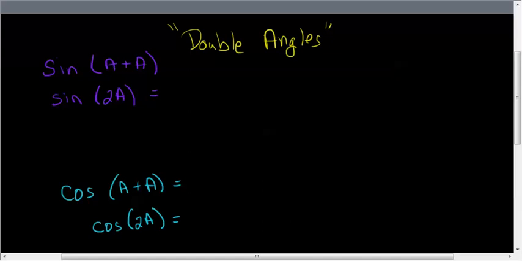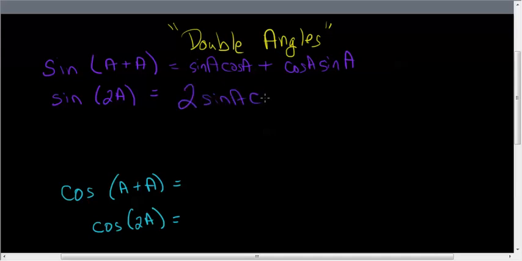Well, that would be sine A cosine A plus cosine A sine A, where these are just the same term. So this becomes 2 times sine A cosine A, which is the sine of 2A.